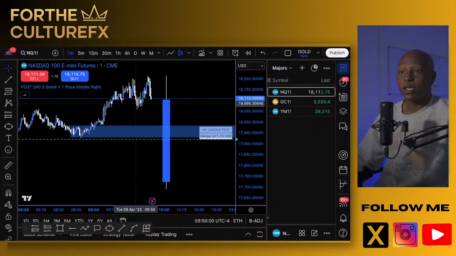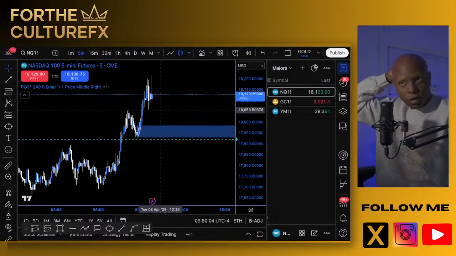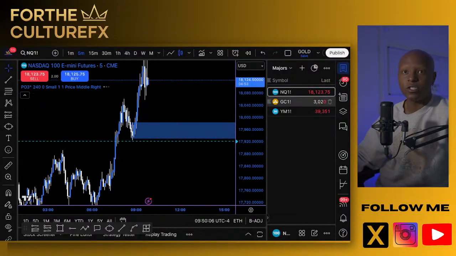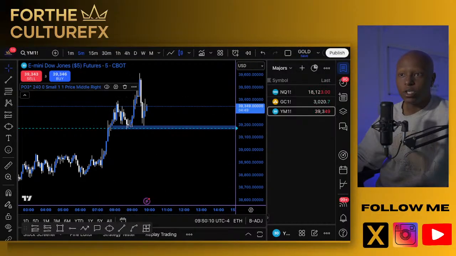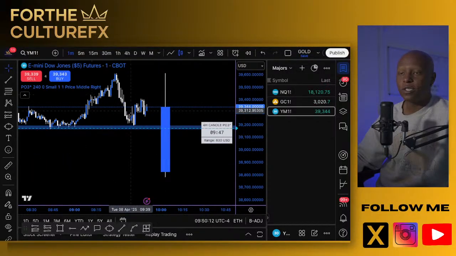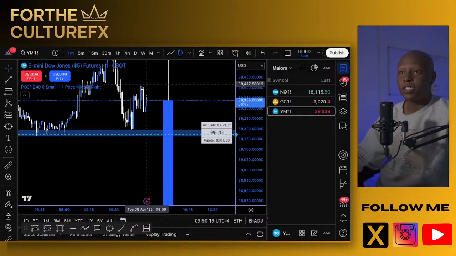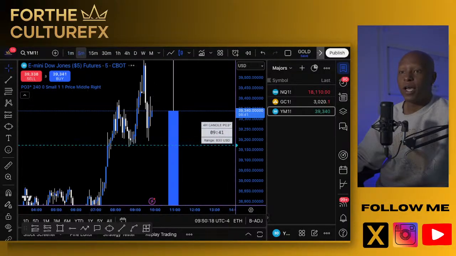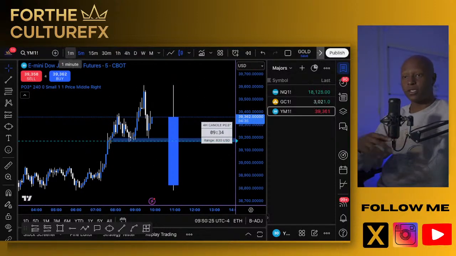Likewise with Nas, it had broken through that high, came back down, did not close. The 5-minute candle just in fact closed bearish for Nas, but we did in fact close bullish here for YM. So we could potentially see this YM move start to play out here and make that steeper move to the upside. As of right now, I'm more inclined to price potentially selling. Now, why am I inclined to price selling from this?